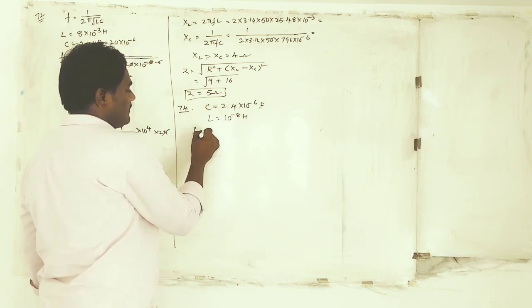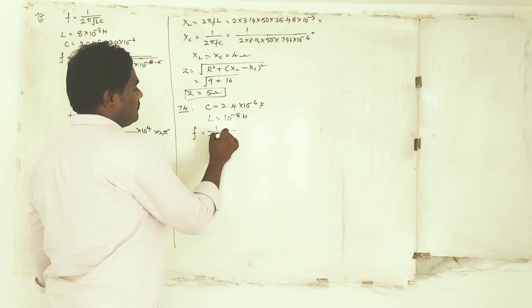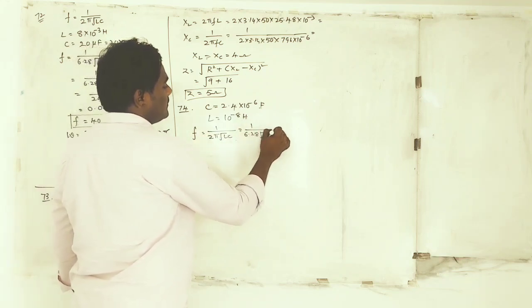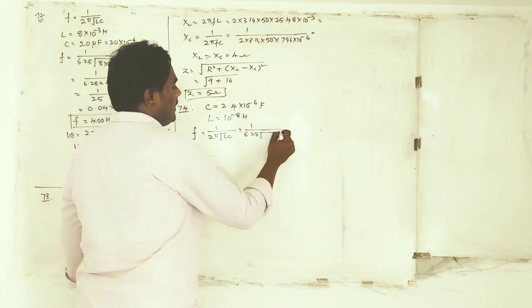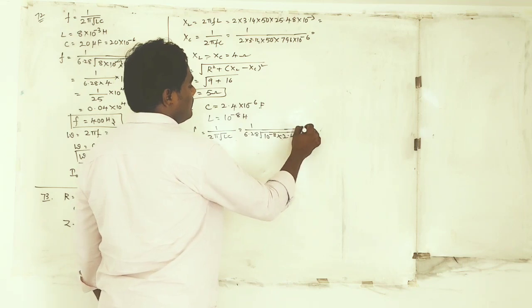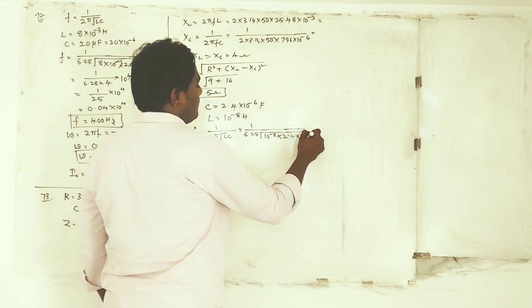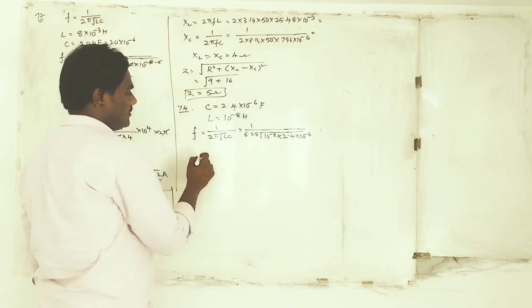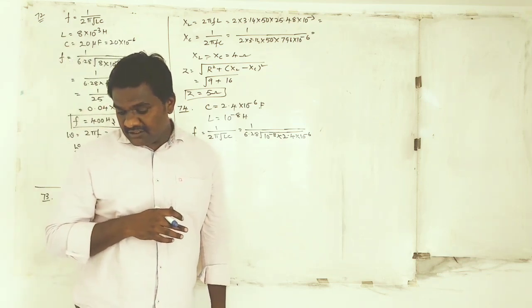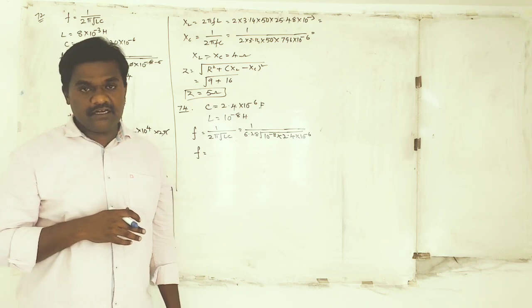Then let us calculate frequency first. 1 divided by 2 pi root LC, that is 1 divided by 6.28, and the L value is 10 power minus 8, this is 2.4 into 10 power minus 6. Getting that right? You will get some frequency. You please start solving, okay? Because with calculations and all, using a calculator will be a difficult issue.